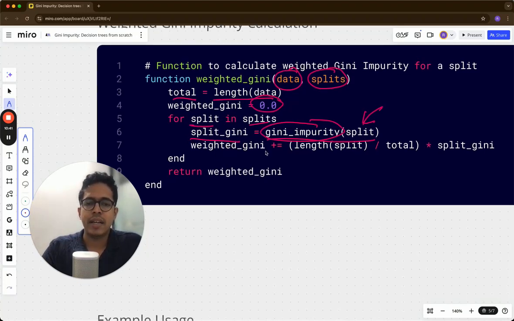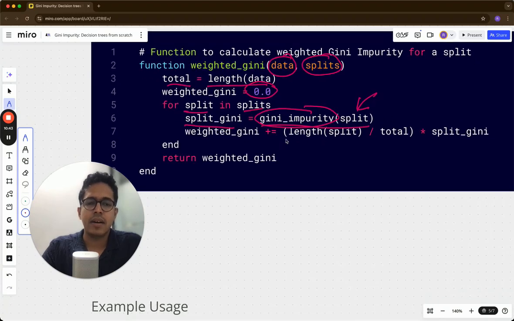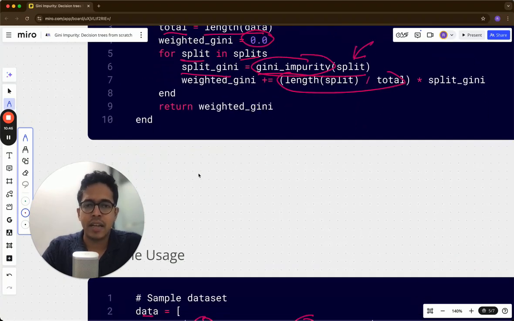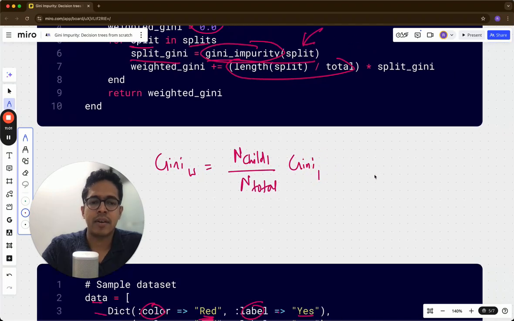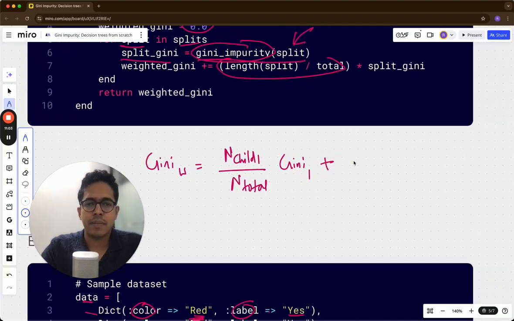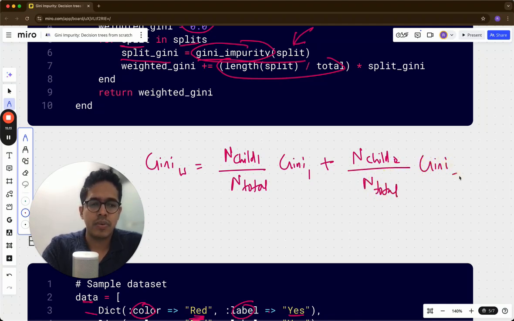And weighted Gini equal to weighted Gini plus this weighting factor. So basically the weighted Gini equal to the number of data points in child 1 divided by n total times Gini of child 1, plus the number of data points in child 2 divided by n total times Gini of child 2, right?